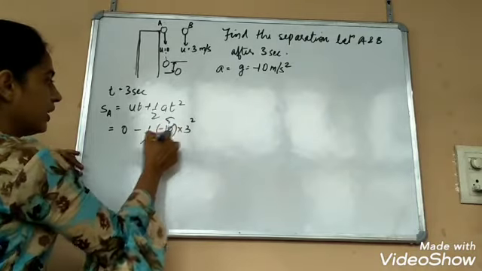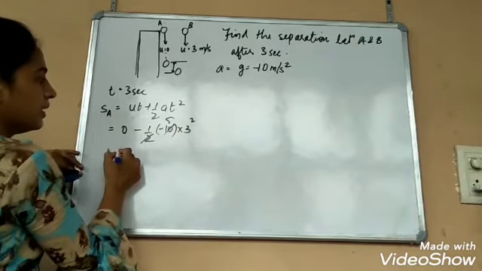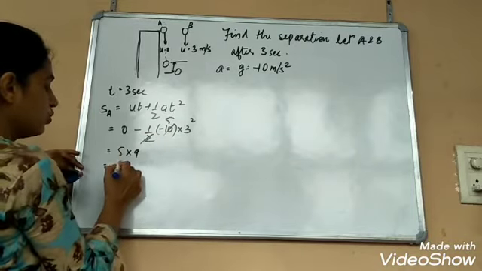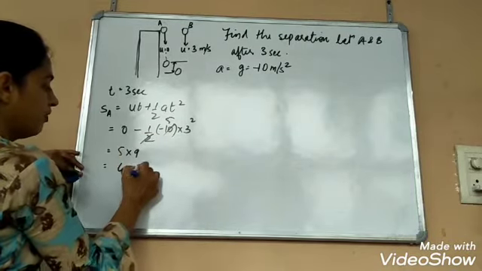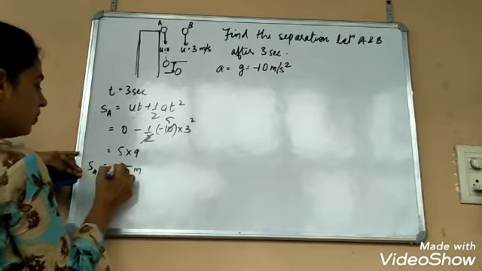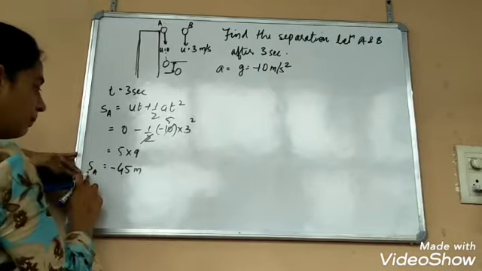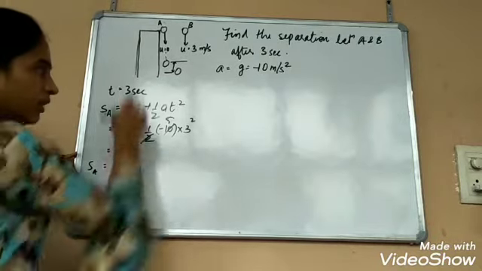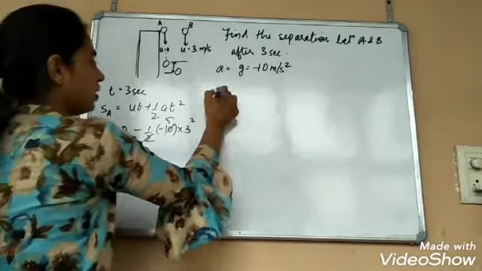So 2 5s are 10, minus times minus will be plus, that is equal to 5 into 9, that is 45 meter. So SA will be equal to minus 45 meter. Remember, minus SA. That will be minus 45 meter because it is in the downward direction.